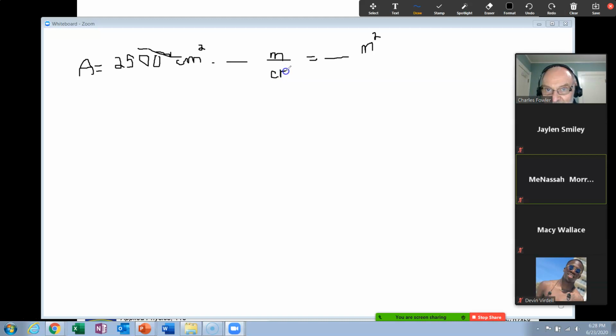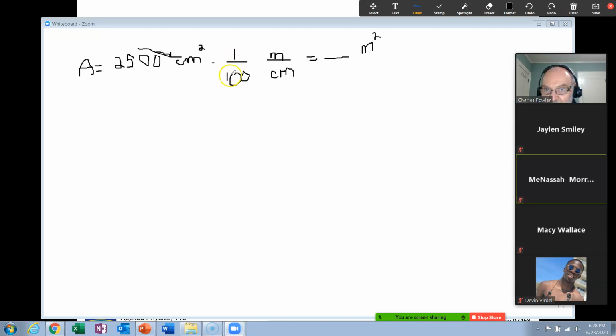Perfect. Now let's put our numbers in place. How many meters make up a centimeter, or how many centimeters make a meter? 100 centimeters. Centi means 100, cents in a dollar. 100 cents in a dollar. So 100 centimeters in 1 meter.